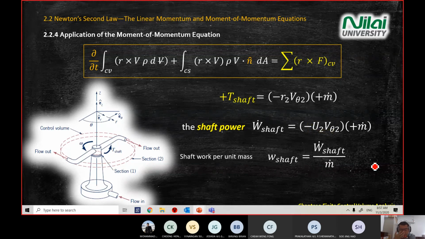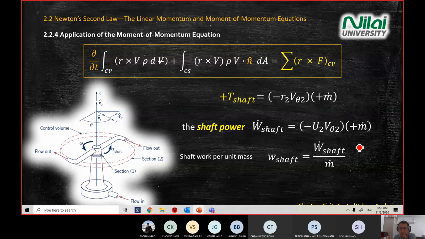And sometimes the equation will be defined in terms of work per unit mass. Work per unit mass means you take your power divided by your mass flow rate, m dot. Shaft work per unit mass, you take your power divided by m dot. Both of these, you take out the time entity.